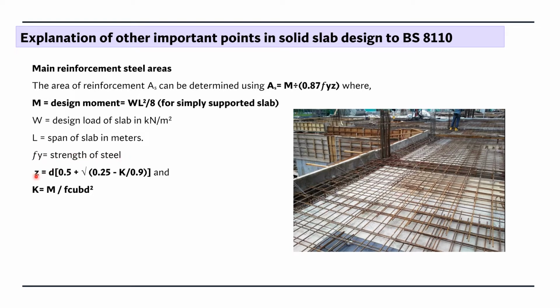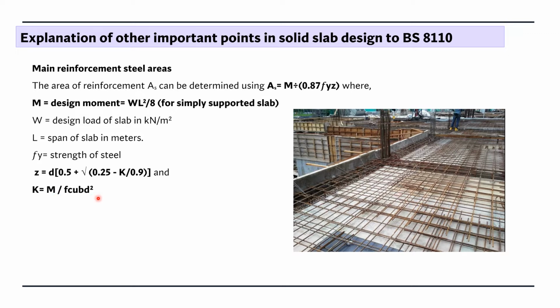steel. Now z, which is referred to as lever arm, you can see the formula that is stated: z equals d times bracket 0.5 plus square root 0.25 minus K over 0.9. And we have K is equal to M over fcu b d squared.